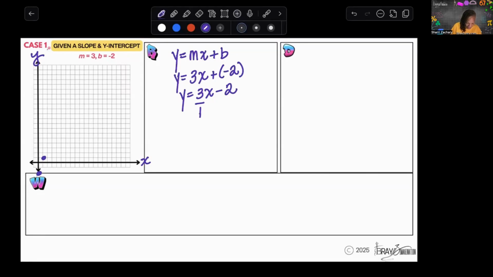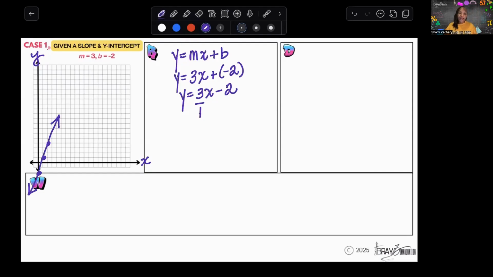From this point, I can go up 1, 2, 3, and go over 1, and that gives me another point. I can continue this process to form all the points of my line, and then I just connect the dots. And that would be the graph of my line.